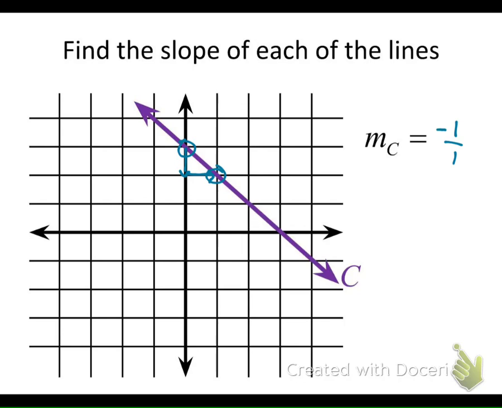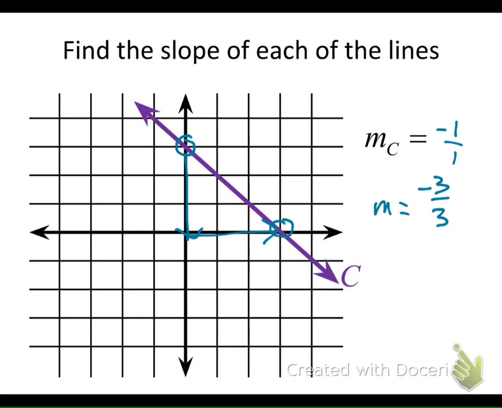If you used, say, this lattice point and this lattice point instead, we would have gone down 3 over 3, and then slope would equal -3/3, but then what does that reduce to? -1.